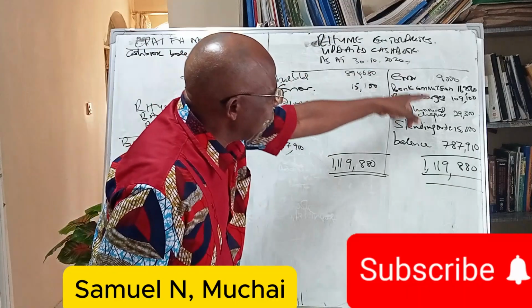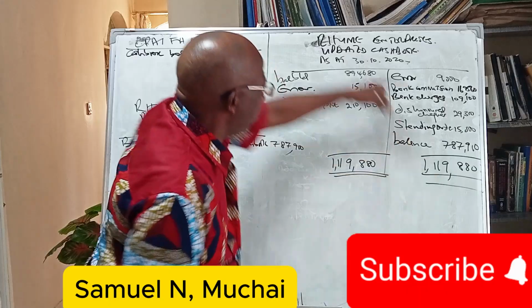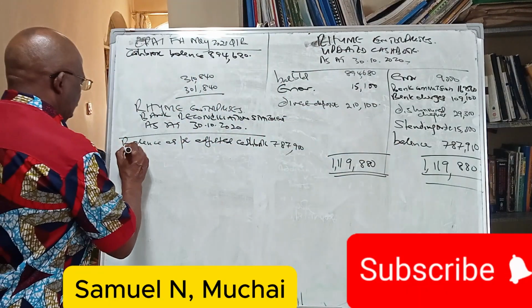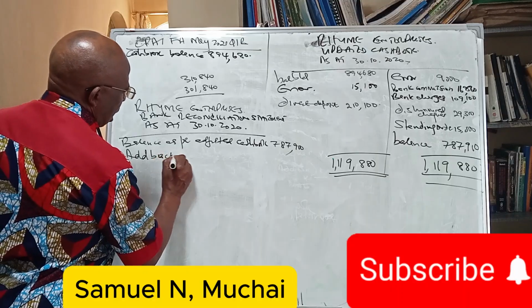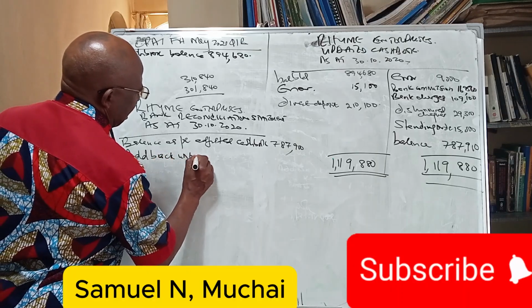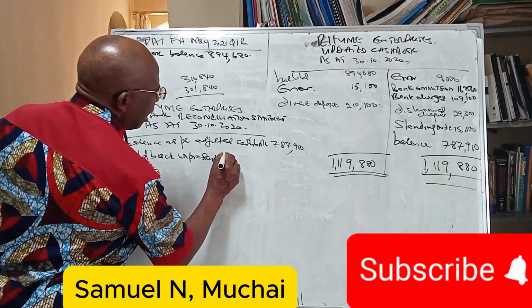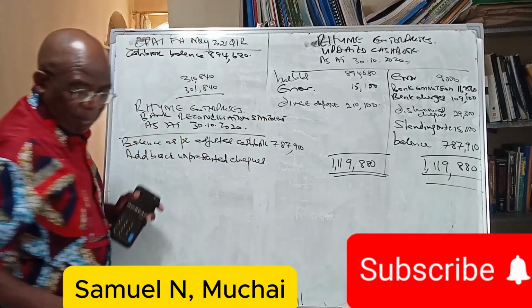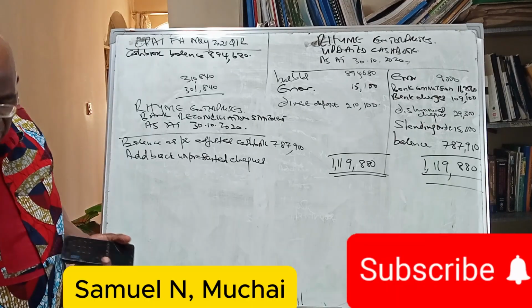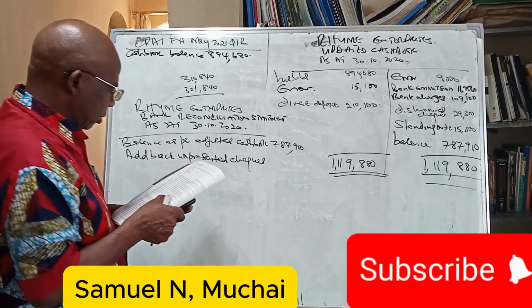There are some unpresented checks which reduce our money, so we add back. Add back the unpresented checks. Add back checks which we prepared, and we reduced our money with, but the bank did not deduct.